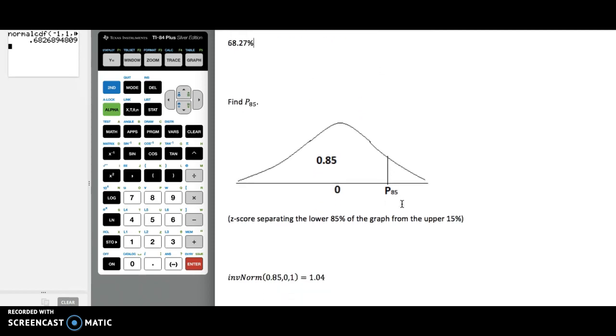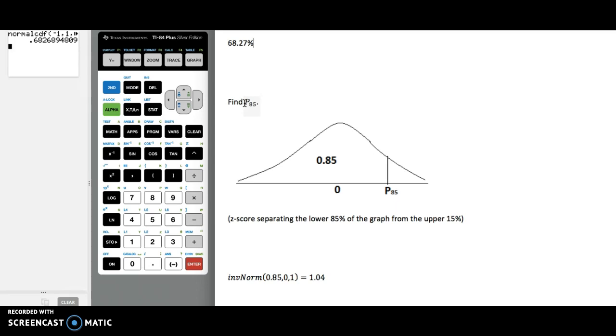Find P85, or what we call the 85th percentile. What we're actually trying to find here, when we're looking for the 85th percentile, is a z-score where you have 85% of the graph below this number.